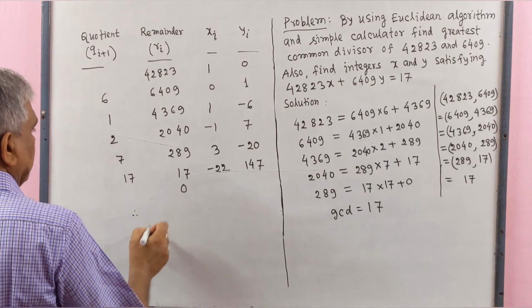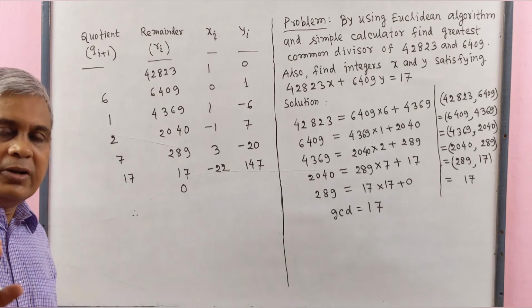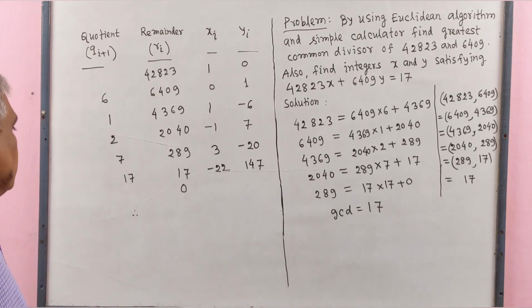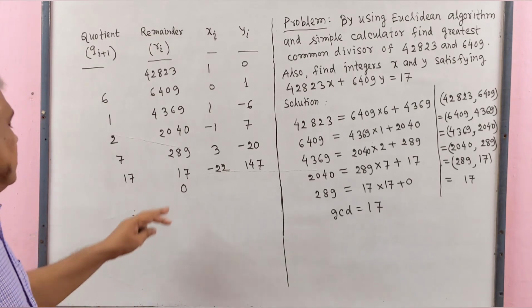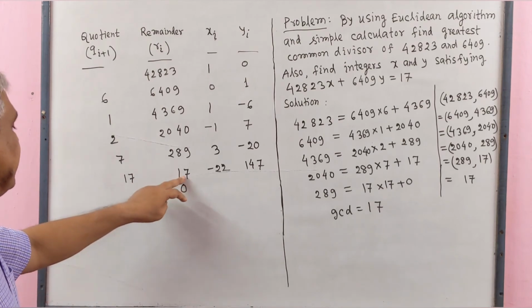Therefore, we get exact divisibility. So the last non-zero remainder will be 17.